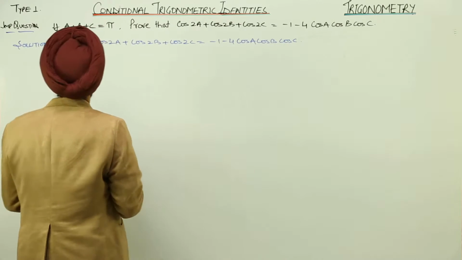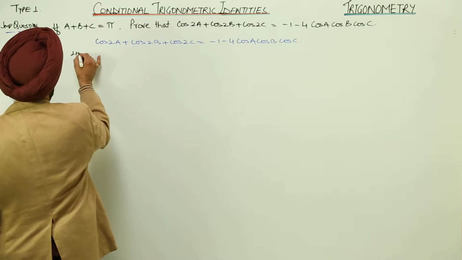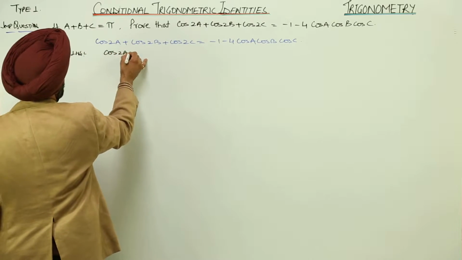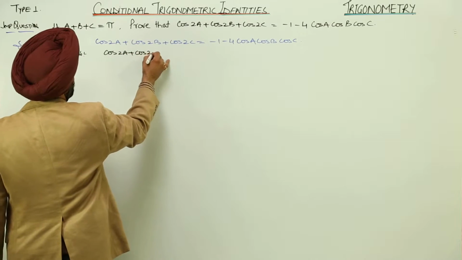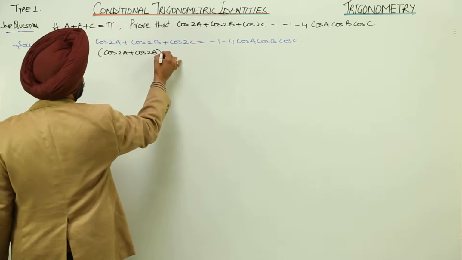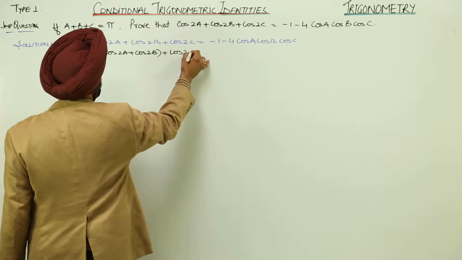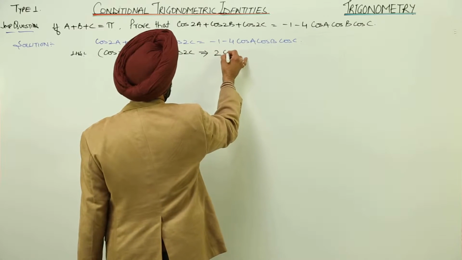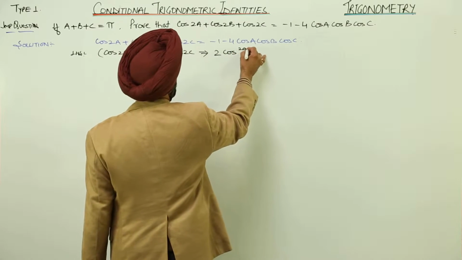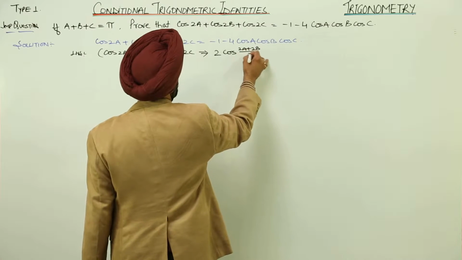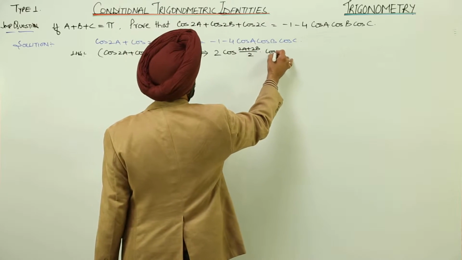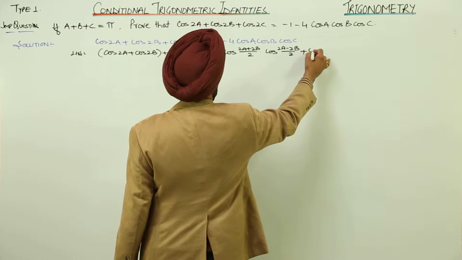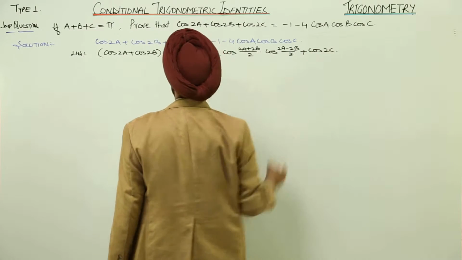Now, left hand side: cos 2A plus cos 2B plus cos 2C. Now this becomes twice of cos (2A plus 2B) upon 2 cos (2A minus 2B) upon 2 plus cos 2C.